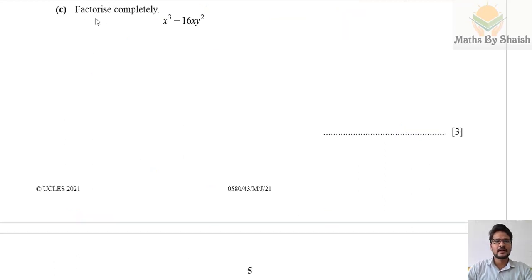Here's the C part, factorize completely. So we will see what is common. First of all, we can see x cube and x, so x is common. We get in the bracket x square minus 16y square, and since 16 is a square number, we can rewrite this as x times x square minus 4y whole square.